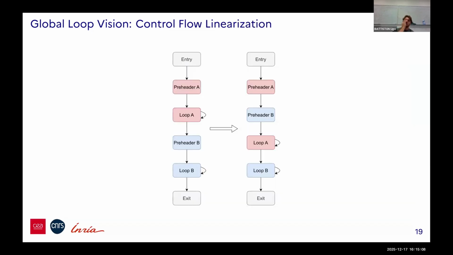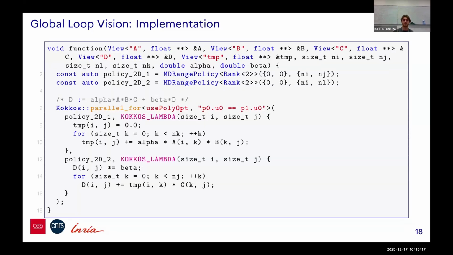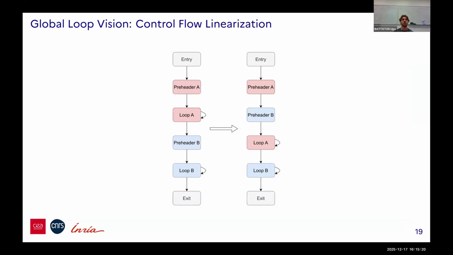But we also have an issue in IR, because each Kokkos lambda comes with a preheader to load array or array dimension or data.